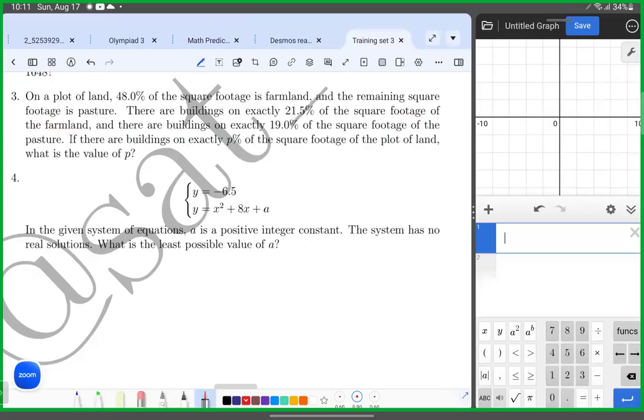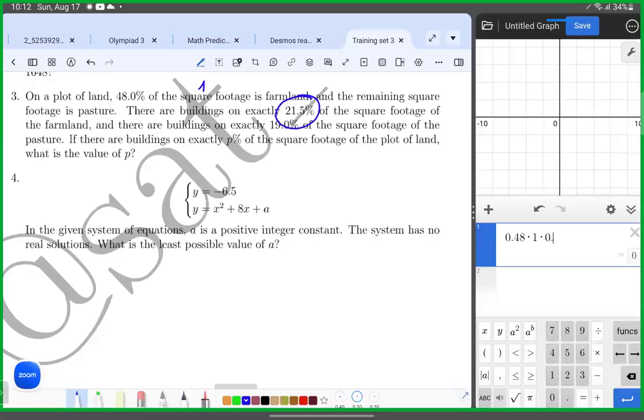Let's say we consider the overall square footage, the area, as just 1. Then 0.48 times 1 is the farmland. And of this farmland, this percent is buildings. While working, you should always convert percents to decimals.